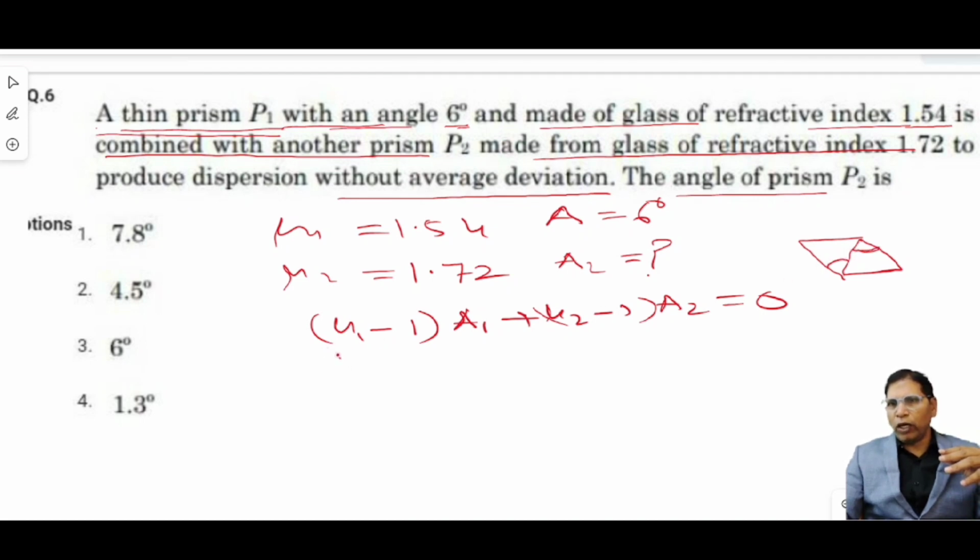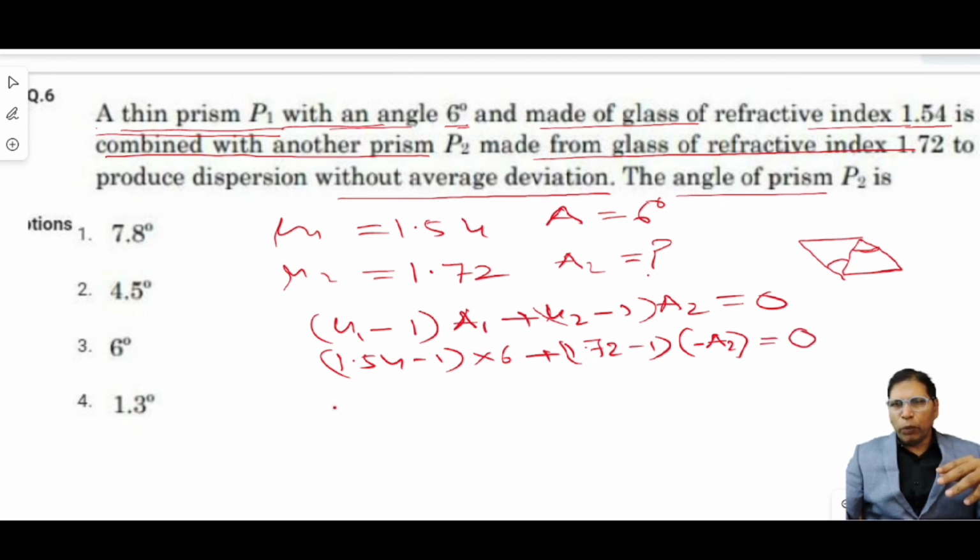First of all, this is (1.54 minus 1) into 6, plus (1.72 minus 1) and A2 takes a negative sign because the refracting angles of the two prisms are on opposite sides. Therefore, 0.72 into A2 equals 0.54 into 6.